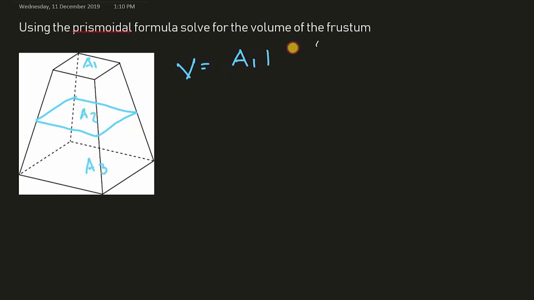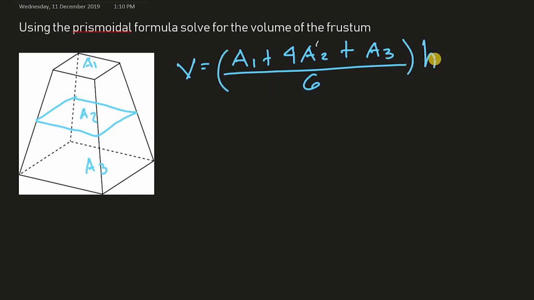This is area 1 plus 4 times area 2 plus area 3 divided by 6. Divided by 6, i-multiply natin to sa height.